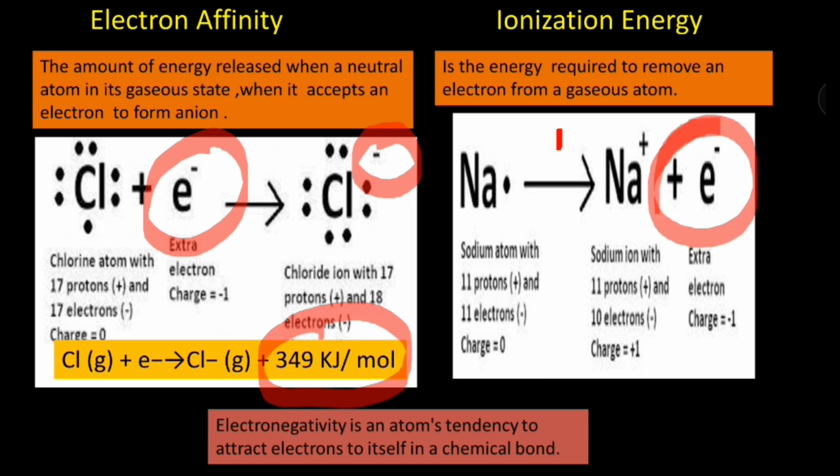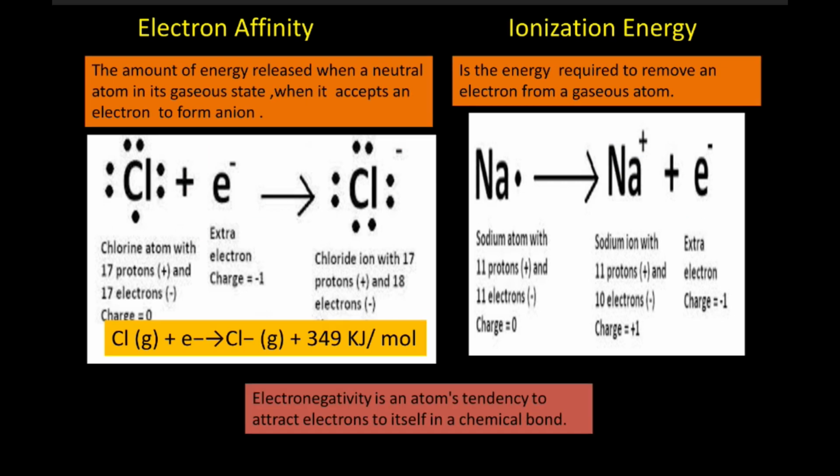You're going to remove the electron from the neutral atom. Whatever energy is required to pull out the valence electron present in sodium, the outermost shell of sodium has one valence electron, right? If you remove that electron from sodium, some amount of energy is required. That is known as ionization energy.